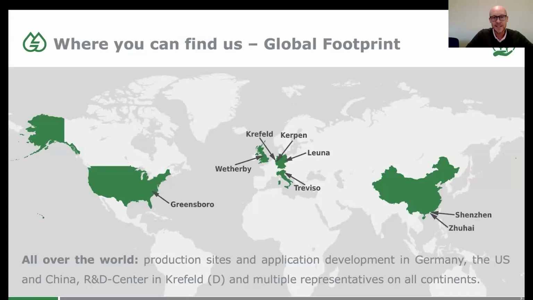We also have companies in Europe, Alberdingk Italia in Treviso, which is near Venice, and Alberdingk UK in Wetherby. So as you can see, we have a very strong global footprint, so we can service most companies throughout the world with one of these production units.